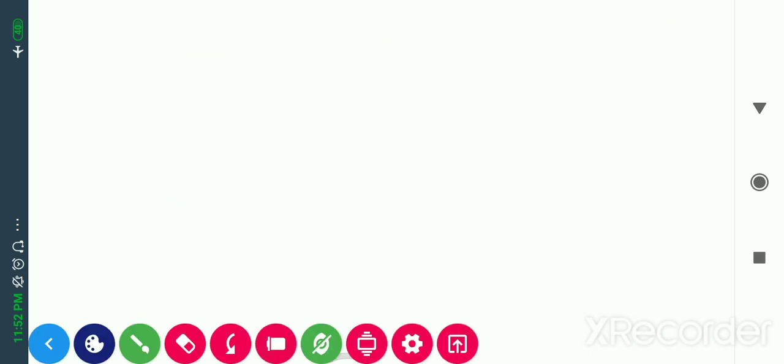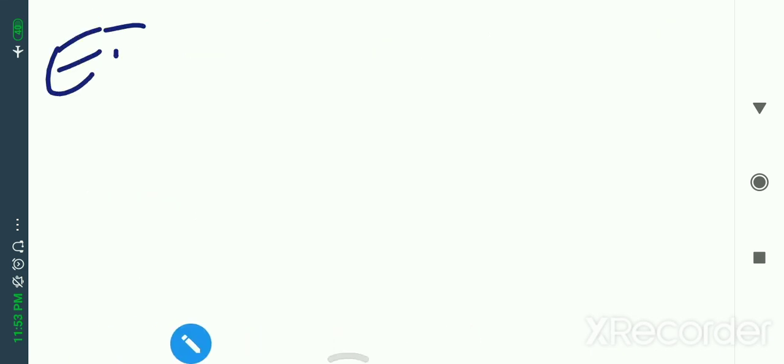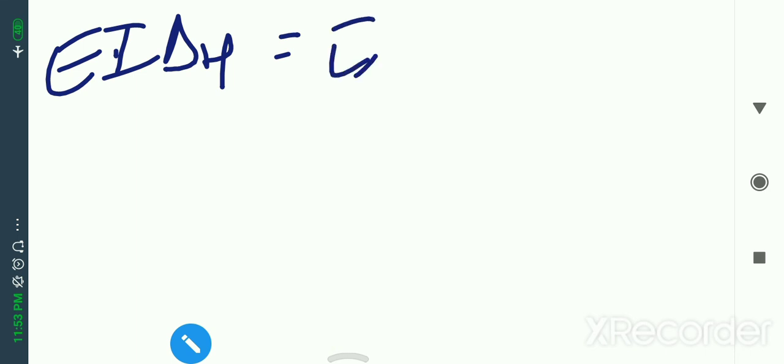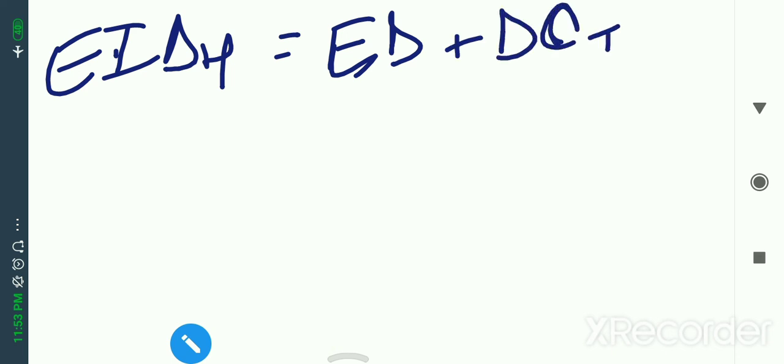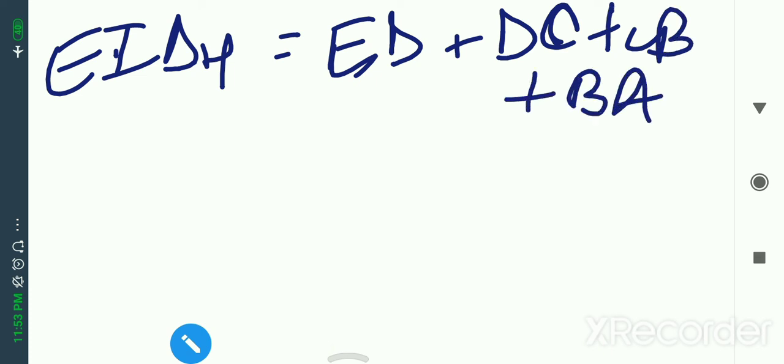So let's write the expression. We will have EI delta H equal to the AD part plus DC plus CB plus BA.